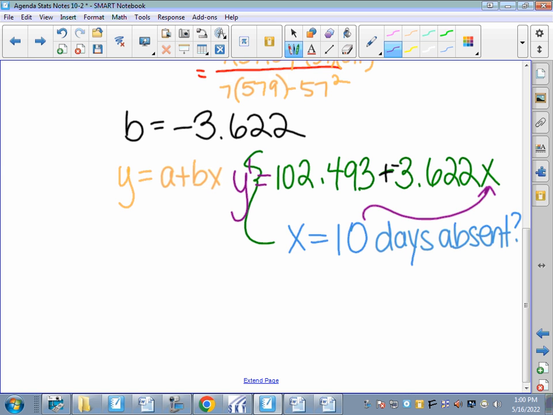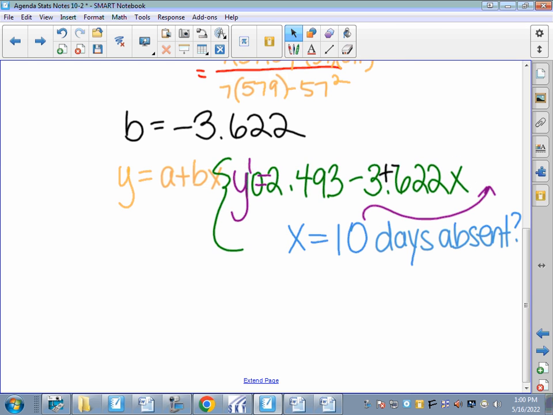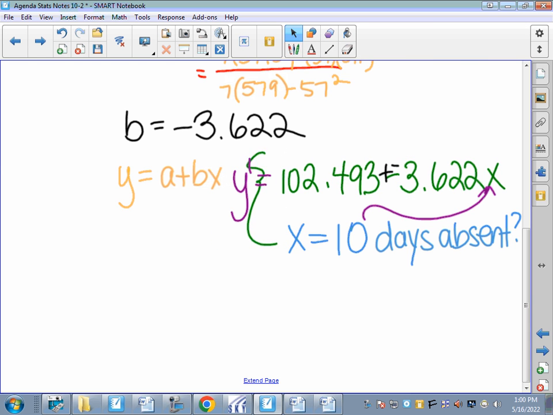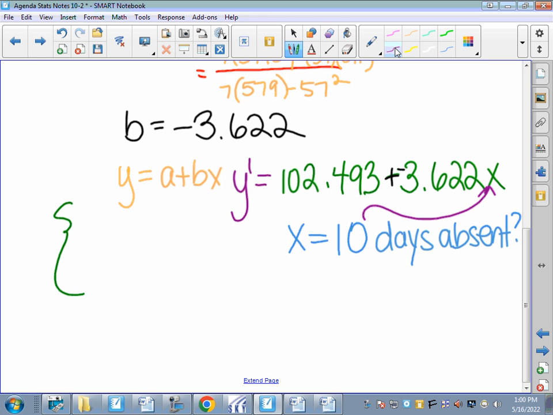I forgot to put that in there. Whoopsie. There we go. So I need to put that value in there and do some math. So if I put a 10 in, y prime is going to be equal to, so my prediction, if a student misses 10 days, I could predict that a student is going to get about a 66.273 percent. Right, so it's basically an ordered pair for that particular situation.